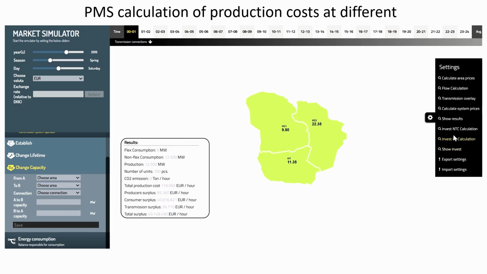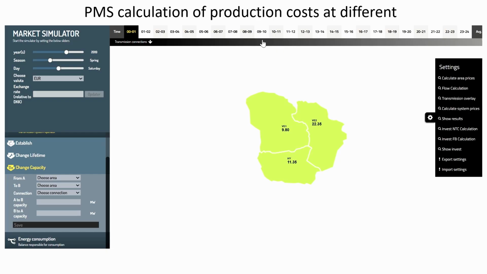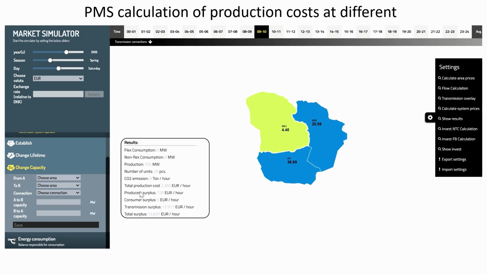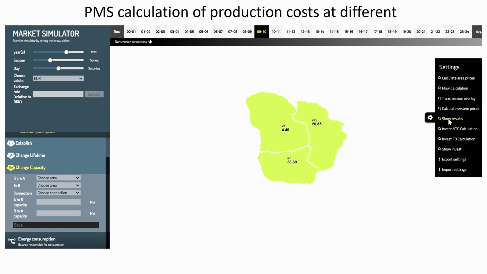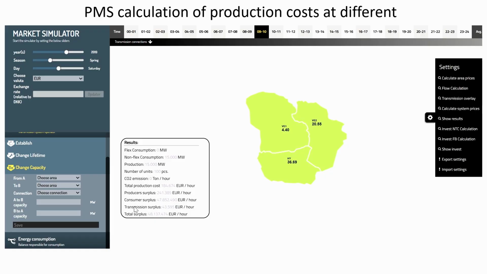And when I've done that, I do the same flow-based calculation for period P2. And again, I save the production and the production costs for each of the three areas, and the production cost for all three areas totally.